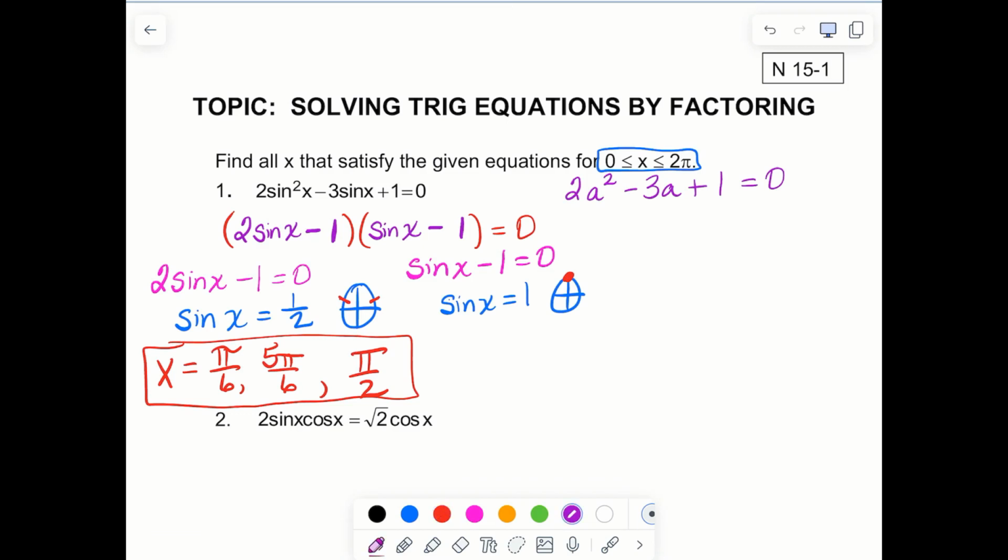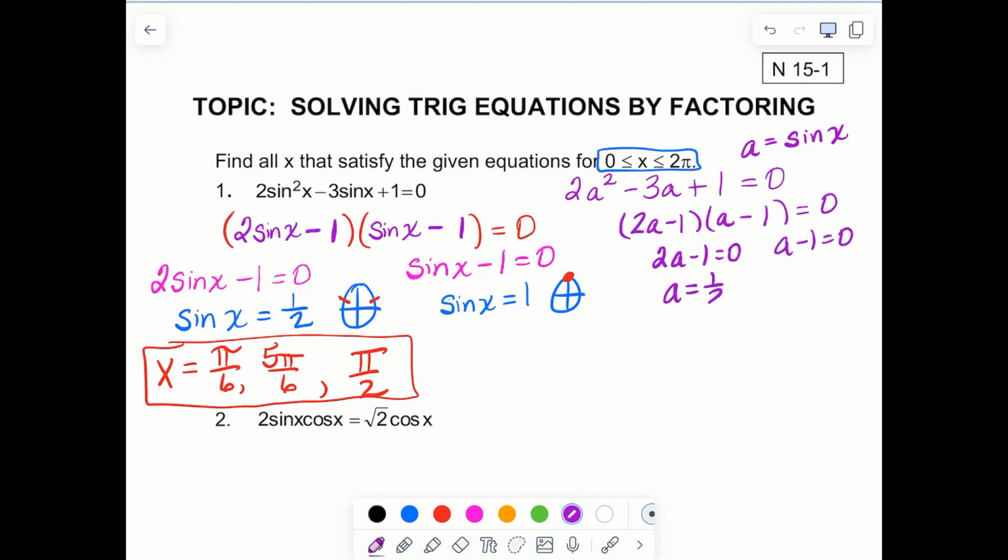Now, again, I'm going to do this one with a substitution step. I never let it be x; I do a or u, or a is my favorite, I guess. I'm going to let a be sine of x. Again, notice that I'm factoring. If it helps you see it better, or you do your grouping, or whatever it is that you do, I would get the same factors. I would get 2a minus 1 is equal to 0, and a minus 1 is equal to 0.